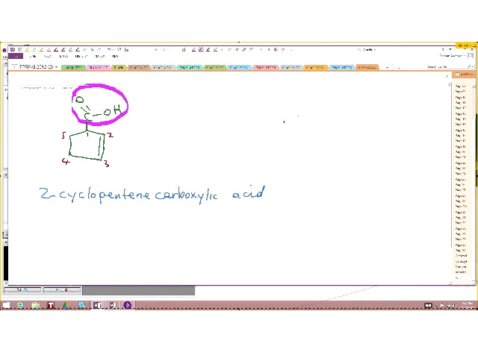Now, if you take a look at this molecule, which many of you have seen before, if we go by that system, we would normally want to call this benzene carboxylic acid, right?